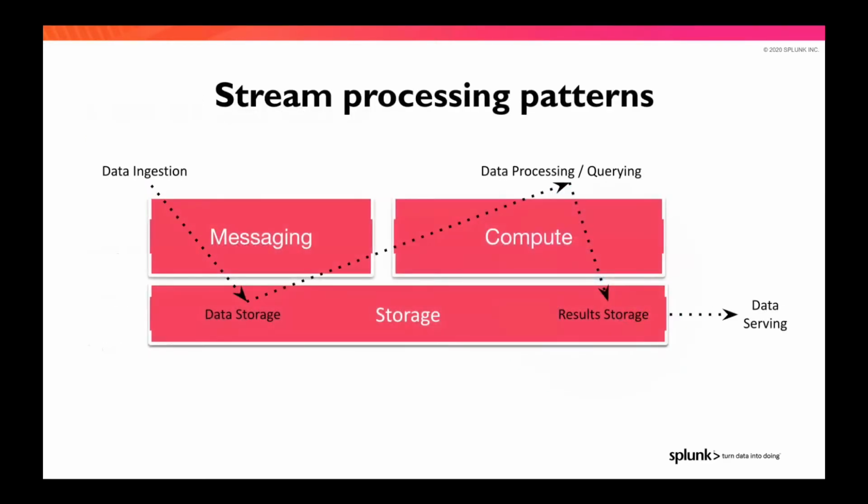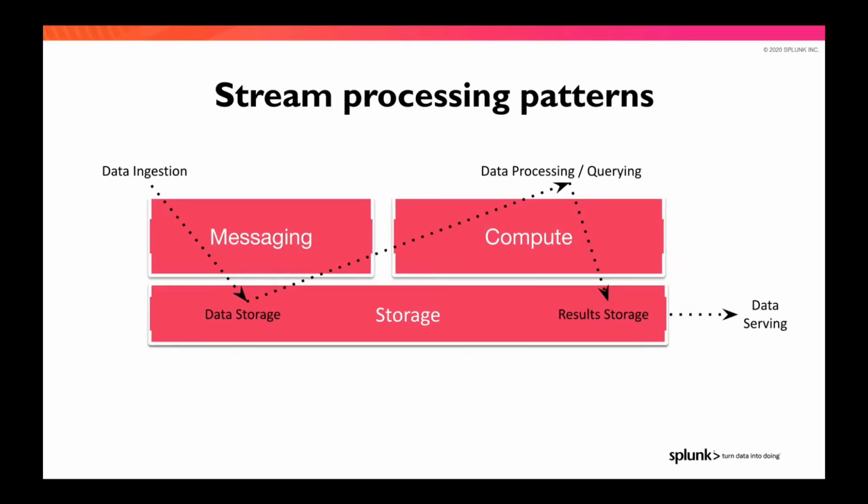So next, I want to talk about the existing patterns people have been using for stream processing and stream analytics. A lot of architectures follow this general workflow: I have data ingestion, I come to my message bus, in which the message bus may be storing this data either as part of the message bus or, in Pulsar's case, in its own storage layer, but it's storing the data somewhere.